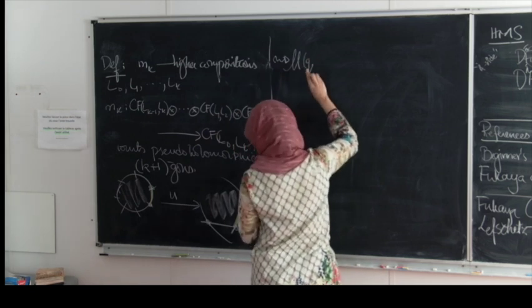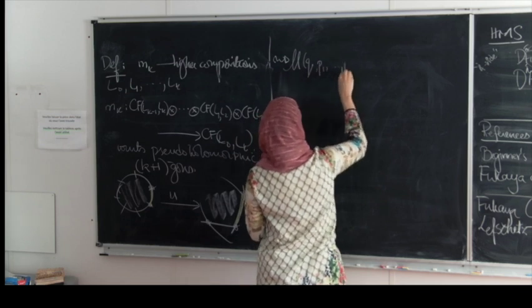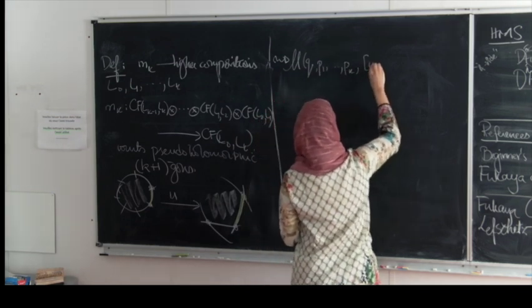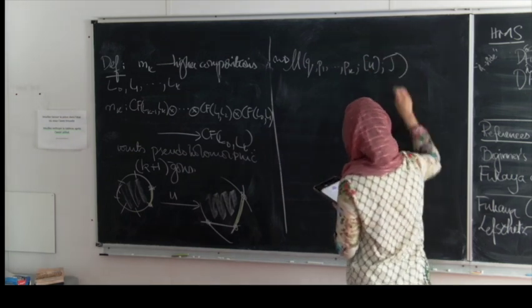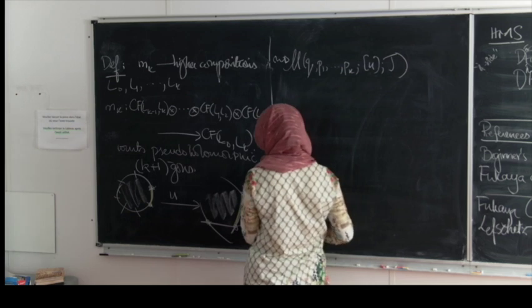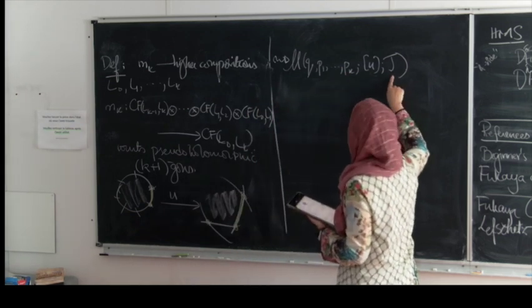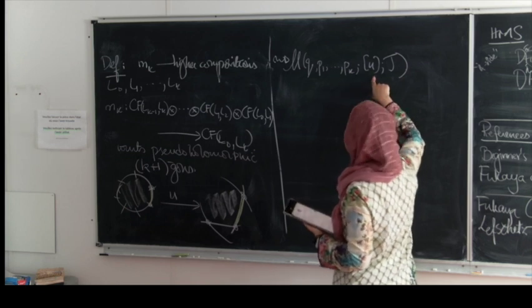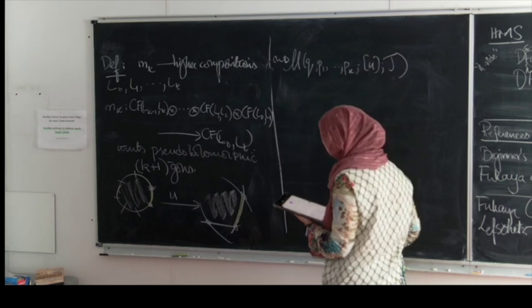Taking an output, let's call that Q, points P1 through Pk are the inputs, that's the class of the disk, and the almost complex structure J. Okay, so it's the space of k plus 1 gons, which are holomorphic disks, which represent this class.